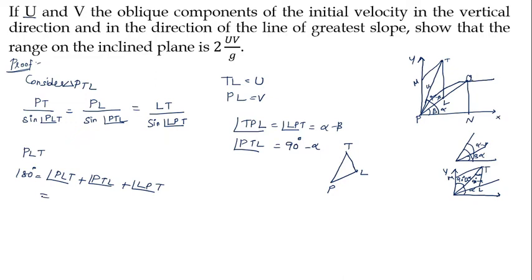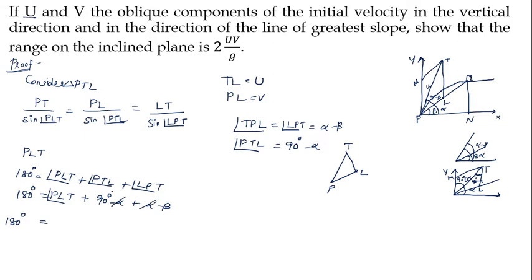Okay. So what is PLT? We don't know that. So we are going to find angle PLT from this. Your PTL is 90 degrees minus alpha, and your LPT is alpha minus beta. This is 180 degrees. So we are going to find PLT alone. Keep this PLT, this is 180 degrees. Plus alpha and minus alpha will get cancelled.